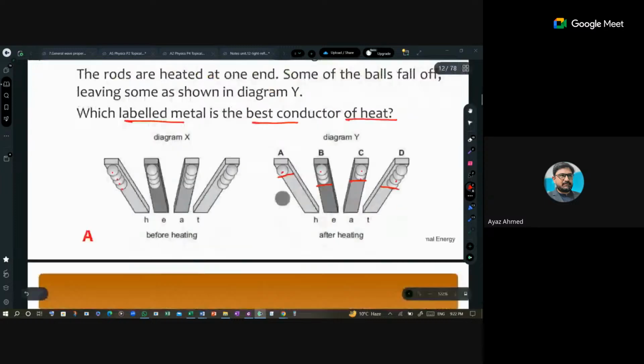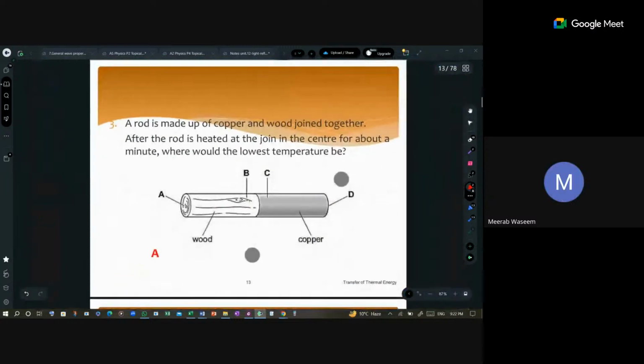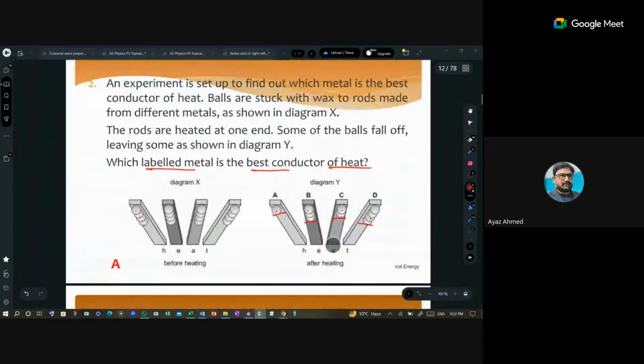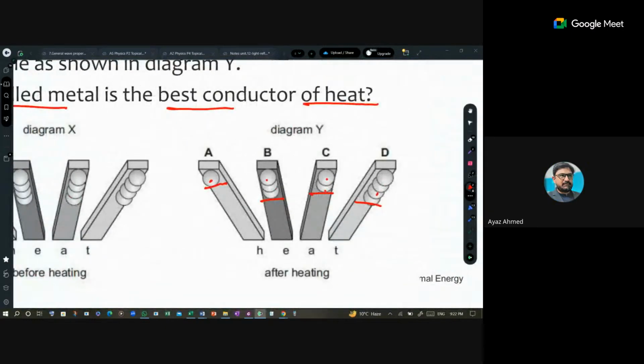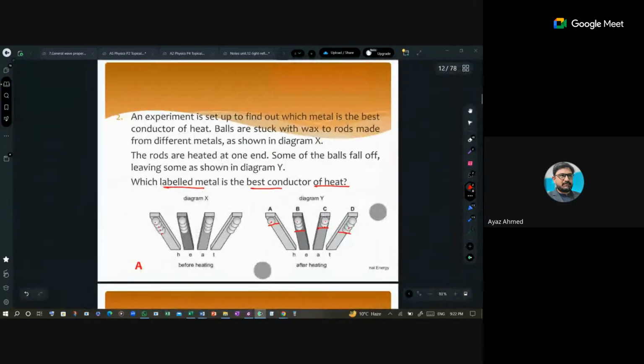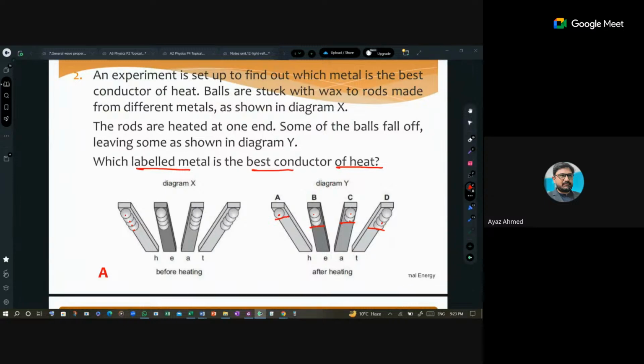Due to the melting of the wax, the balls are no longer attached to the rod, so they start falling down.